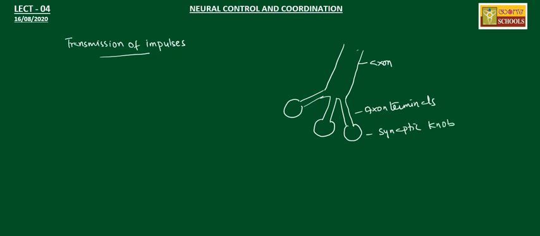Now these synaptic knobs contain synaptic vesicles inside. Here you can see inside there are synaptic vesicles, and we'll also see mitochondria present along with them.